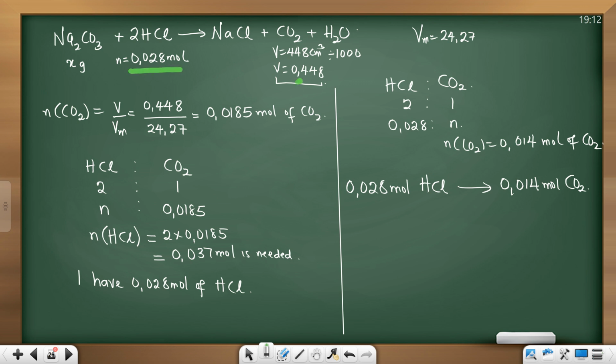Am I right? Because if this was the one controlling, then this one should give me this. And limiting reagent is what controls your output. Do we agree?